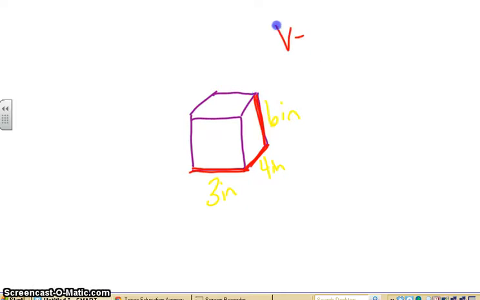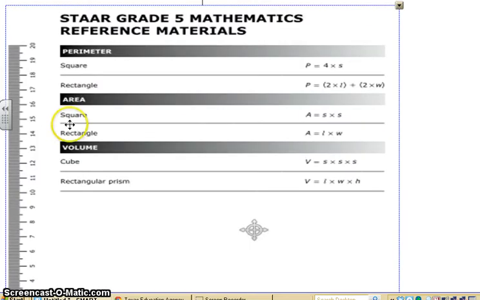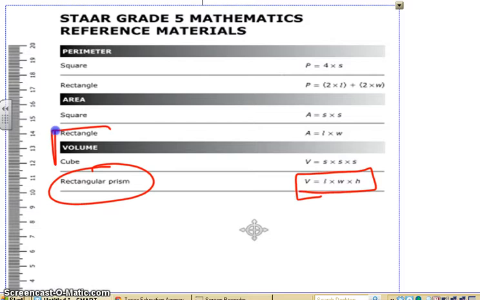I know that my formula for volume is length times width times height, and if you ever forget that, it's on that mathematics chart that you're always going to have. You should never forget it because it's always on this mathematics chart.